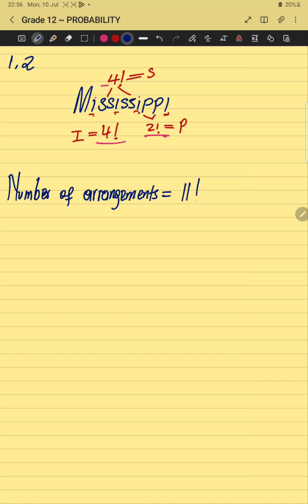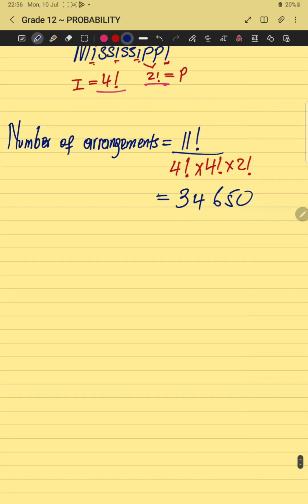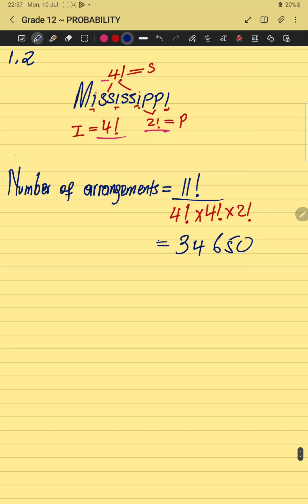So 11 factorial divided by 4 factorial for S times another 4 factorial for I times 2 factorial for P. And then you just work this out from your calculator, and you get this answer, 34 650. And then that is the first question, 1.2.1.